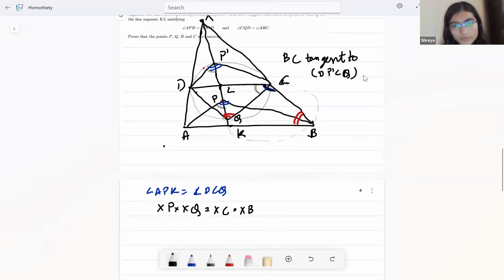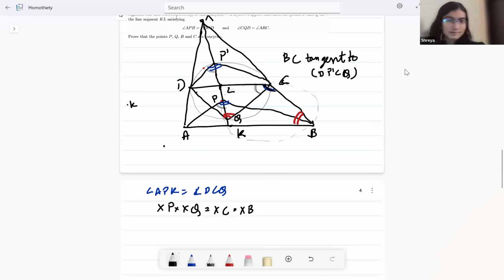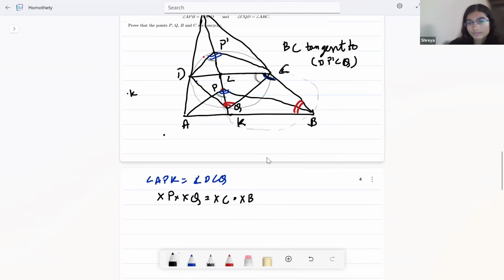Yes, so okay, let the ratio of homothety be K for convenience. So how can we use K over here?